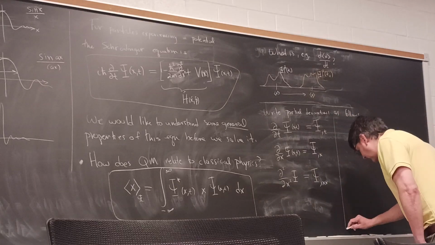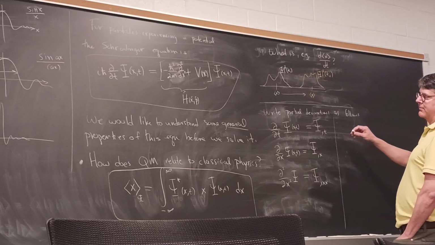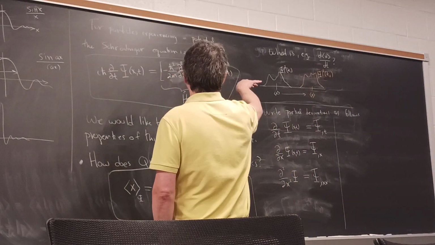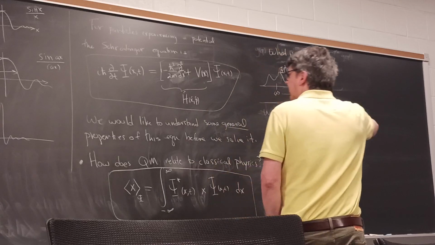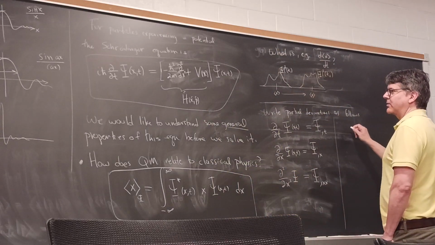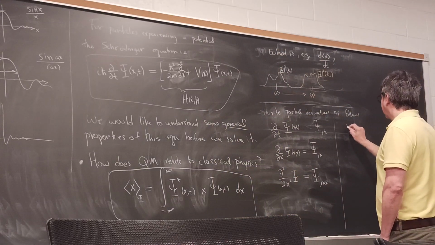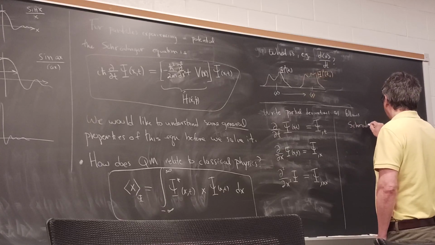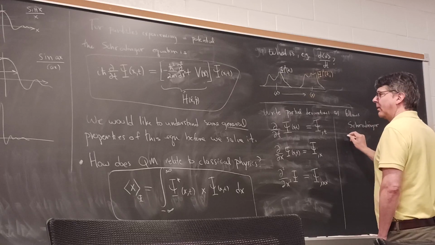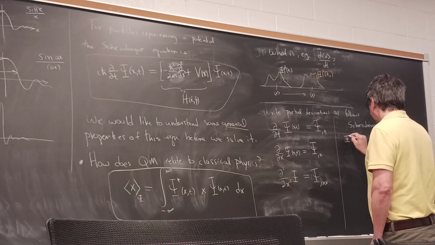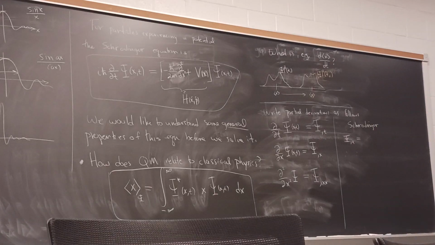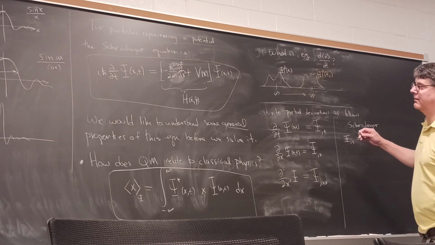And then let's rewrite the Schrödinger equation. I want to put the i h bar over to the right-hand side. So I can write the Schrödinger equation as capital psi comma t is equal to, now I always get this wrong when I do this. Let's see here.